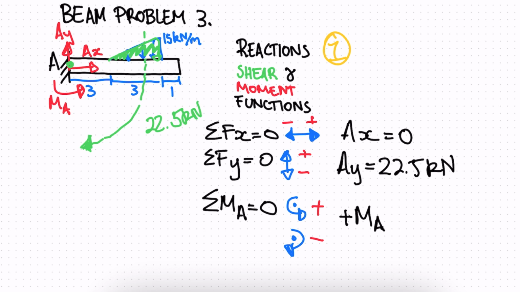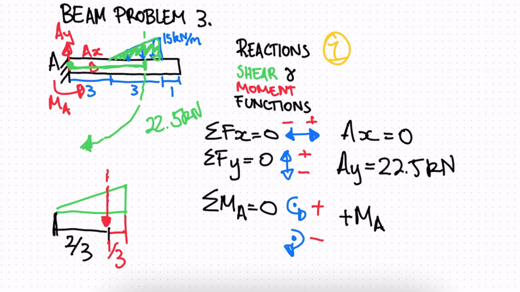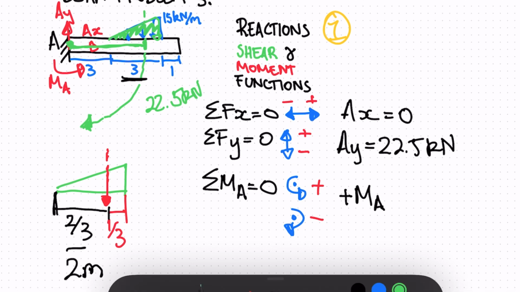So we need to know this distance up to here. On a triangle, the force will act at the centroid, and this distance is 1/3. If you see a triangular load, it's going to act 1/3 of the distance, but we're interested in this side, so 2/3. Because this triangle is 3 meters, this will just be 2 meters. Our distance is this 3 meters plus 2 meters.